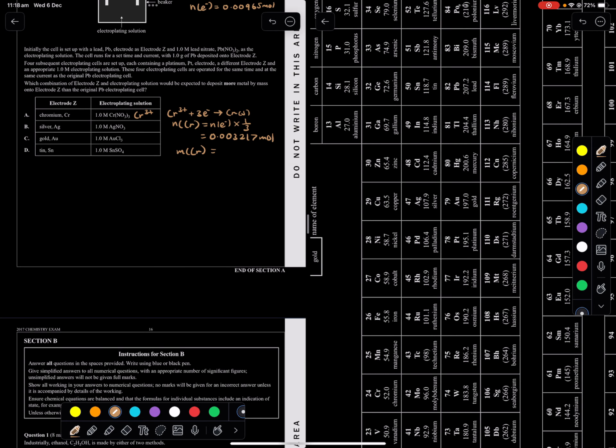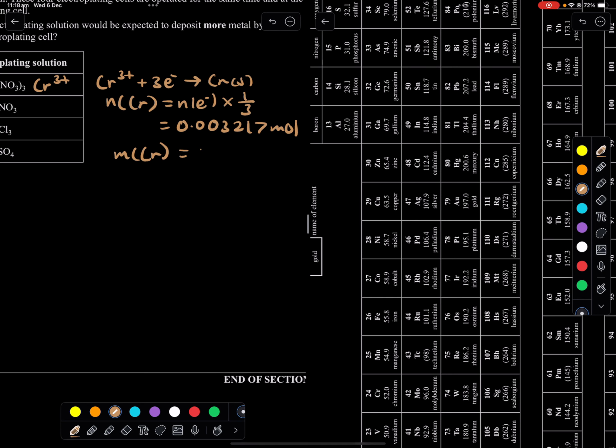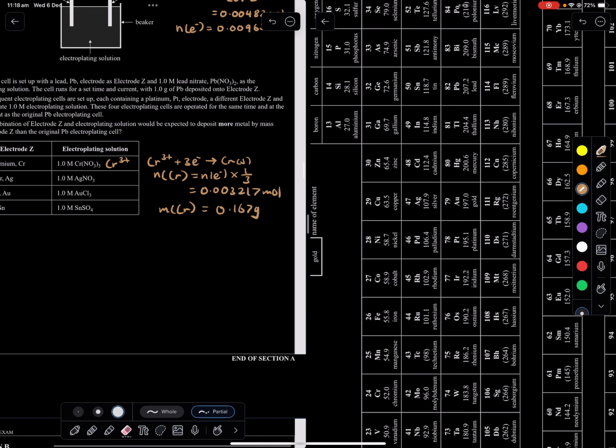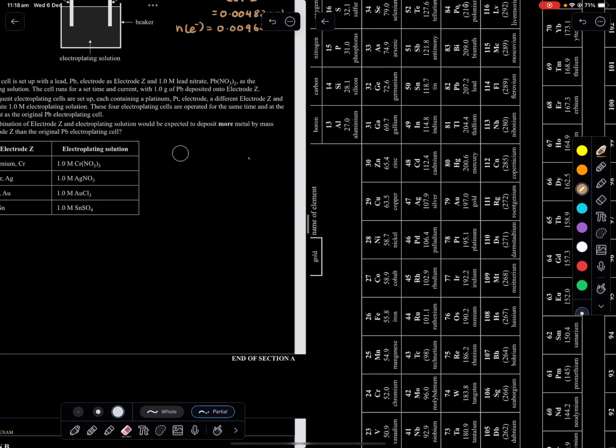So multiplying by 52, we get 0.167 grams. So that's for our first calculation. So for chromium, this gives us 0.167 grams.